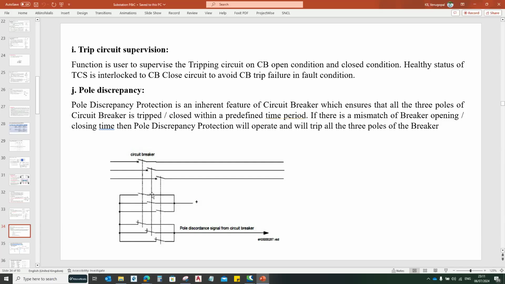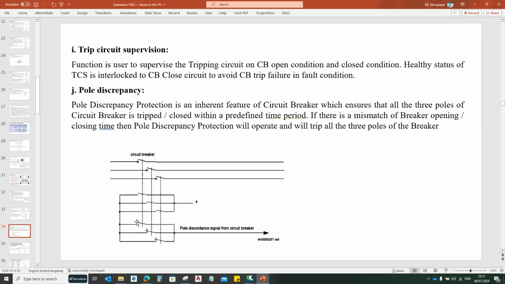Now let us consider that the R phase and Y phase circuit breakers are closed and the B phase circuit breaker is not closed. Then these two contacts will get closed and this will be in open condition, and similarly these two will be open and this will be closed. So supply will extend from any of these two paths.